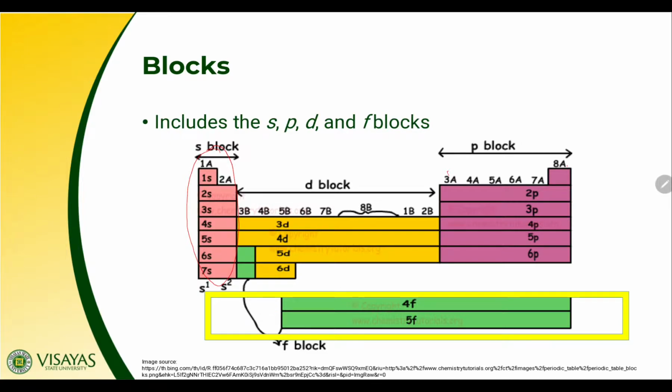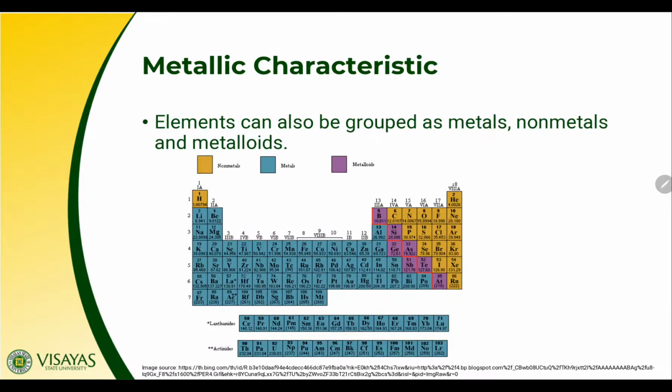As you recall, these are the lanthanide and the actinide series. The elements in the periodic table are also grouped according to their metallic characteristics. So we have those grouped as metals, non-metals, and metalloids. As you can see in the table, most of the elements are actually metals.